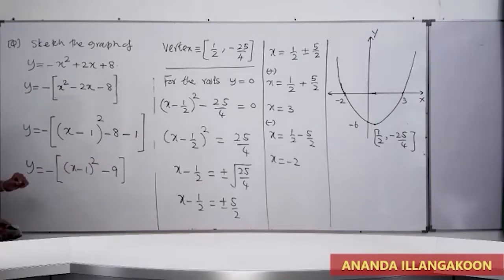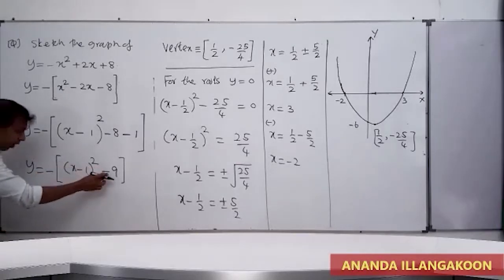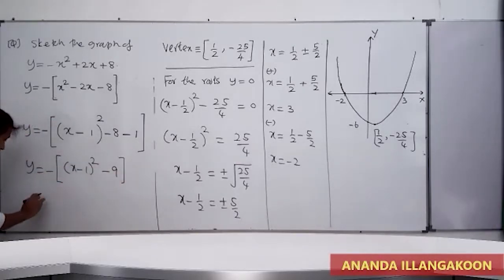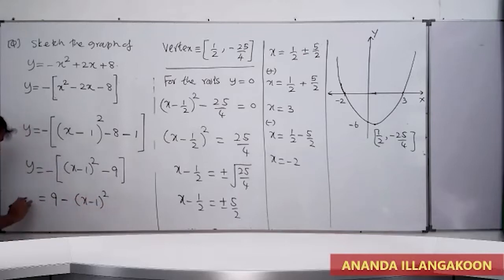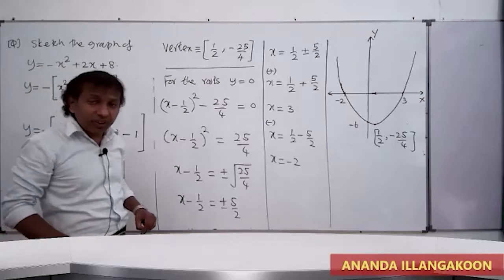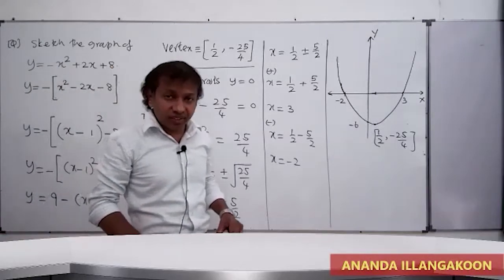Thereafter only, people, do we determine the coordinates. Minus and this minus make plus 9. And then we get minus (x minus 1) perfect squared. This is y. Now determine what, people? The coordinates of the vertex, right?